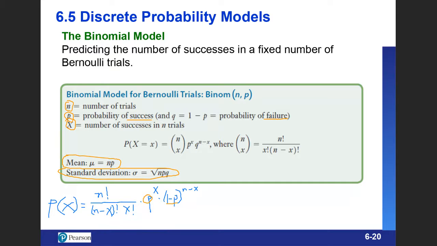Standard deviation, I'm going to rewrite it because I don't like it with a q. So that's equal to n times p times 1 minus p. And then don't forget to square root because otherwise you would get variance. So that's the formula for standard deviation.